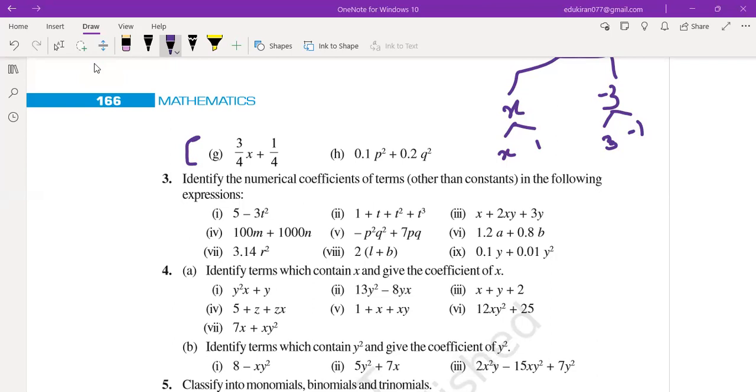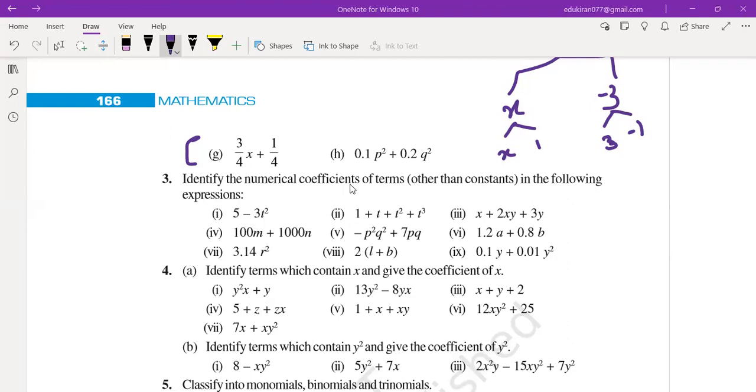Ma'am, if you don't mind, can you show one of them? Ma'am, can you hear me? Yes. Do you mind if you show one? Identify the numerical coefficient of the terms other than the constant.